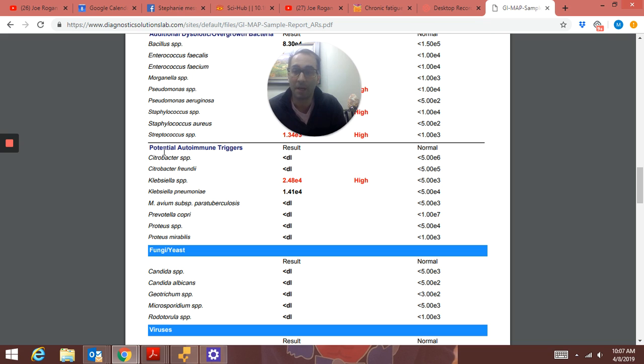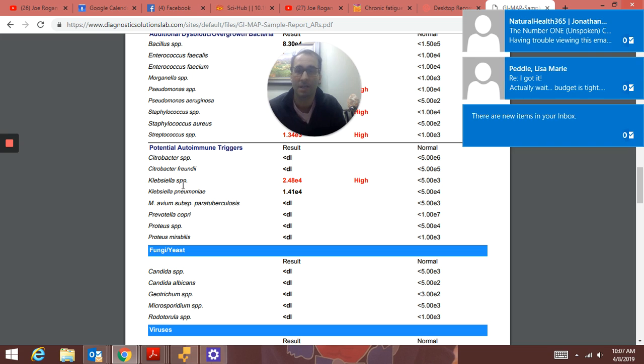Autoimmune triggers are big for people with a family history of autoimmune issues. Klebsiella comes from your teeth, so getting the same oral bacteria from parents and the same oral hygiene routines is important to make sure that's being tackled effectively, because Klebsiella can have links to a couple of different types of autoimmune triggers.